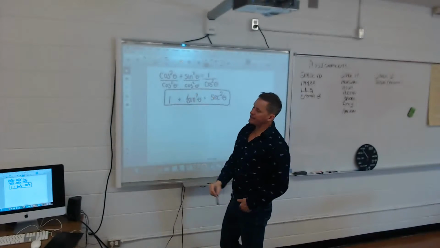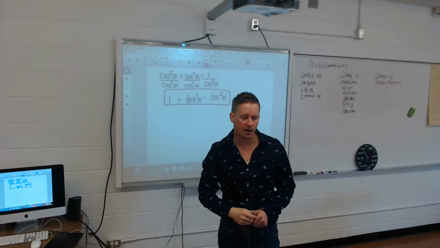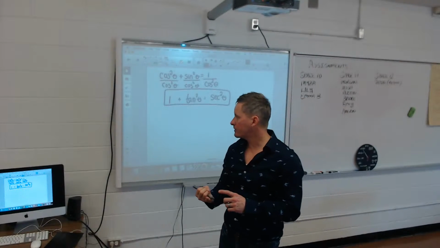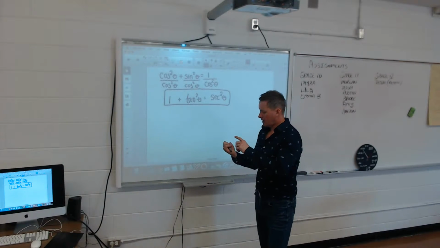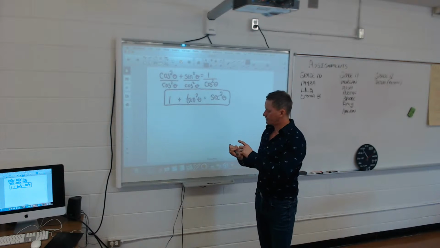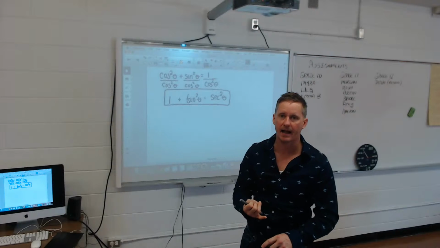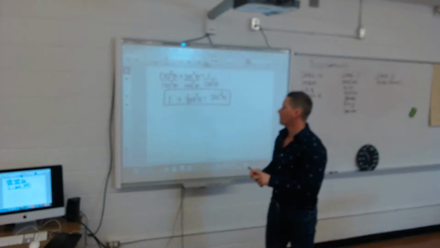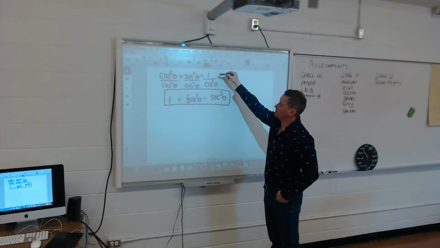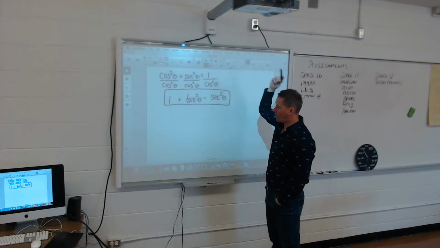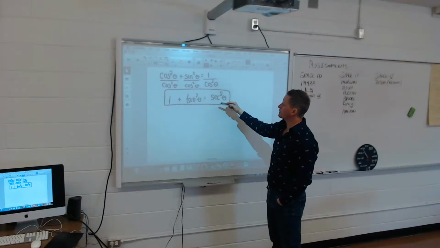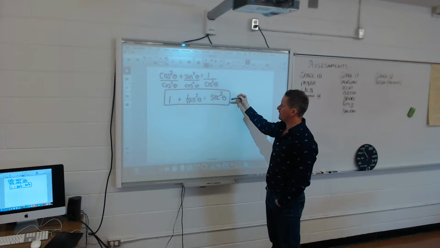So what I suggest you do as we go through this, because we're going to use our basic 6 trig identities, so sine, cos, tan, cosecant, secant, and cotangent. We're going to use cos squared plus sine squared theta equals 1. 1 plus tan squared is equal to secant squared theta.